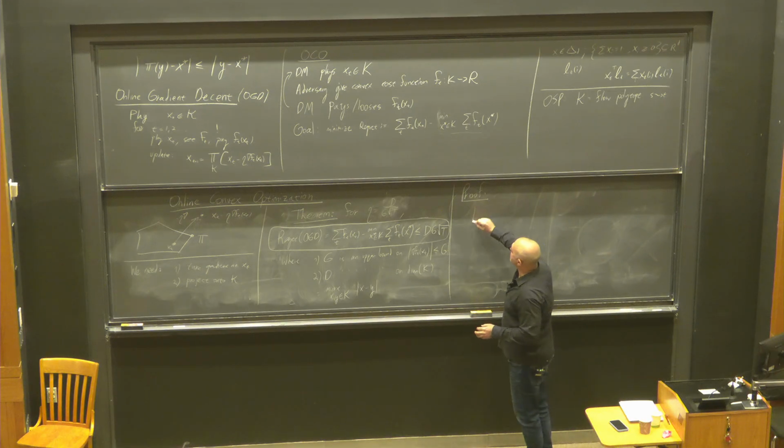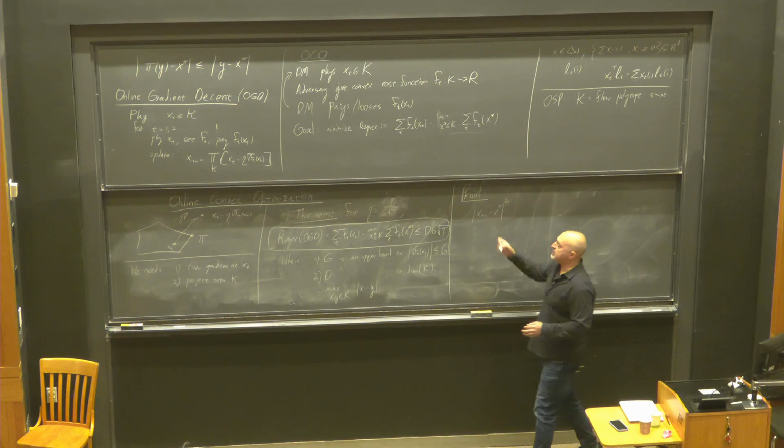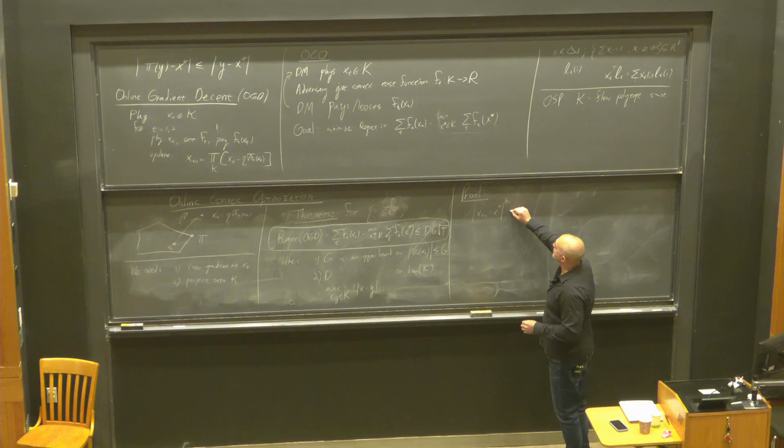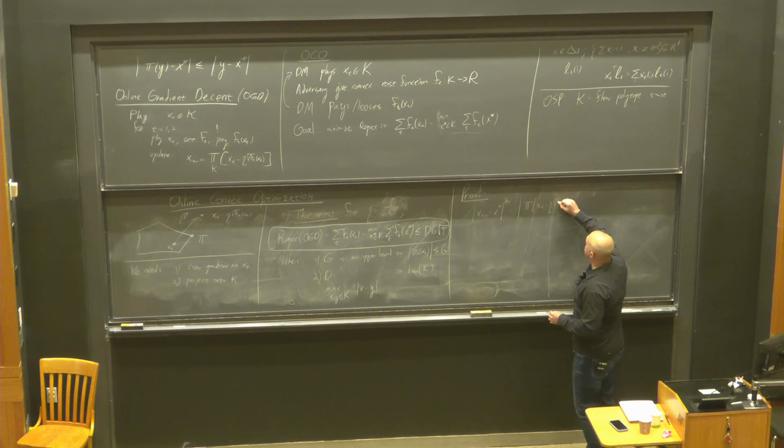So let's look at the distance between x_{t+1} and x star. The norm here refers to the Euclidean norm, here and for the rest of the course. So this is the projection of x_t minus eta times the gradient of f_t at x_t, minus x star.